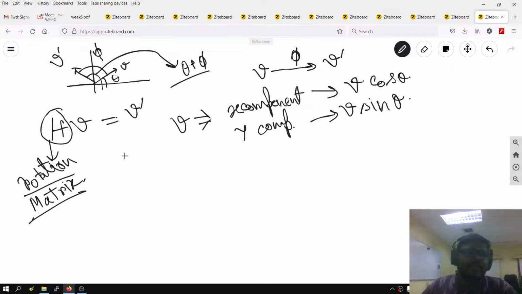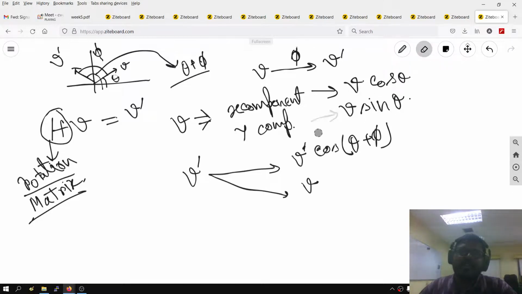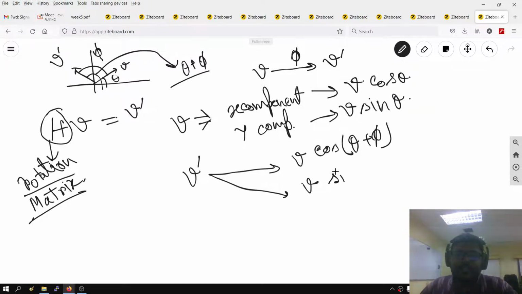For this vector v dash, the components are v dash cos(theta plus phi) and v dash sin(theta plus phi). The magnitude will be the same, since I am only rotating the vector. Only the angle will be different.